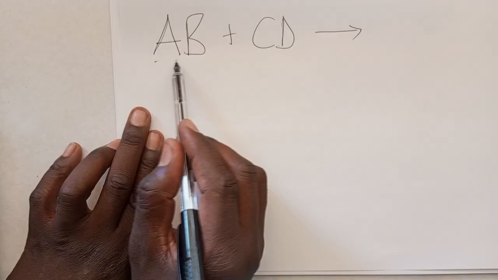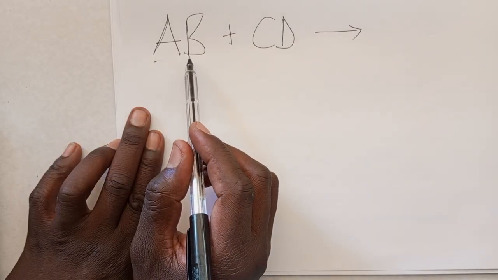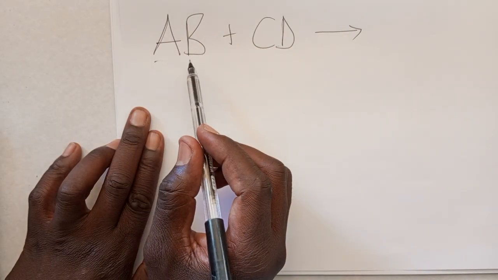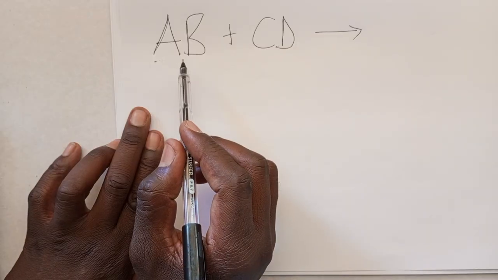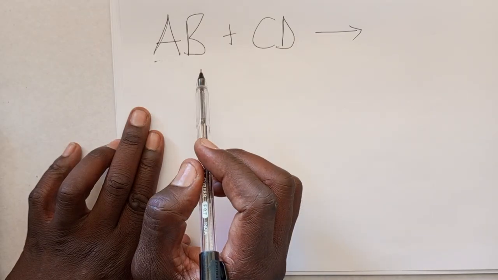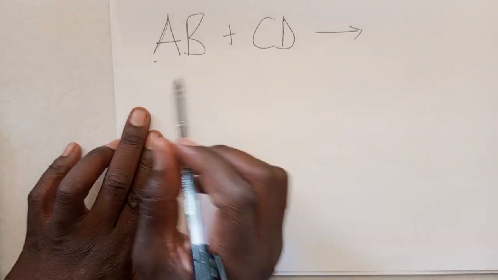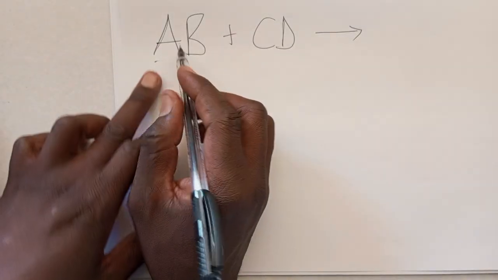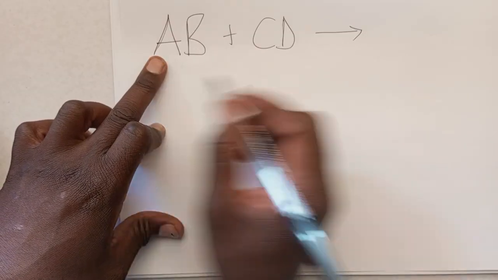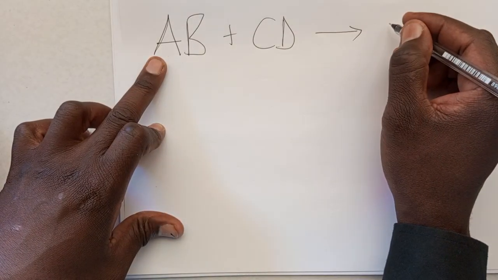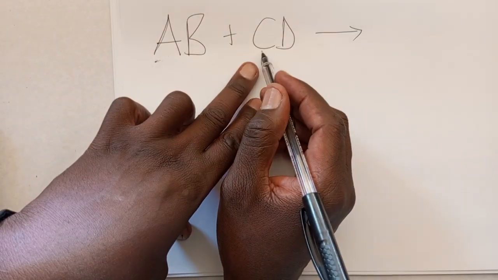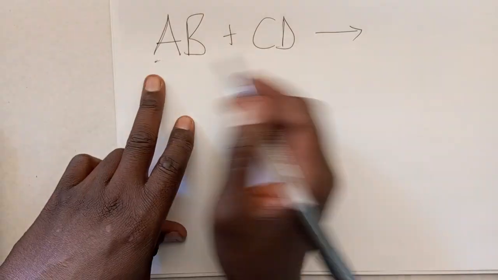The one on the first reactant will combine with the one on the second side of the second reactant. Let me repeat that. In this case, the position does not change. A still remains the first one.